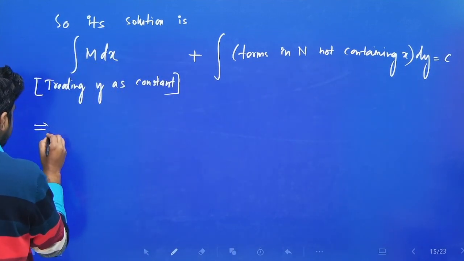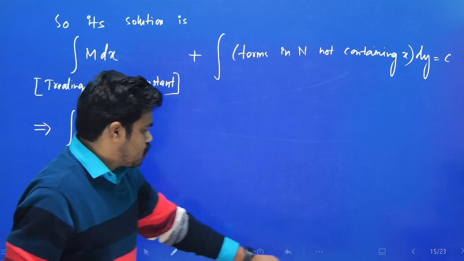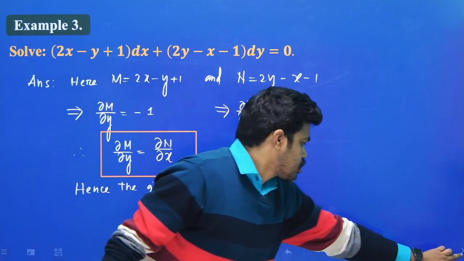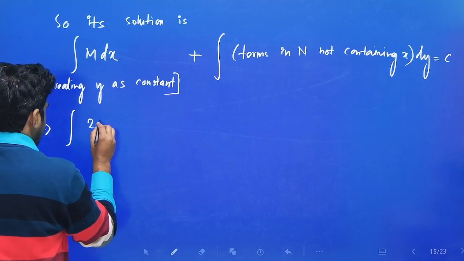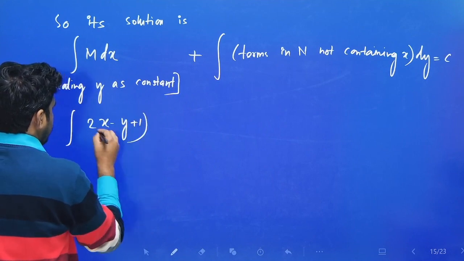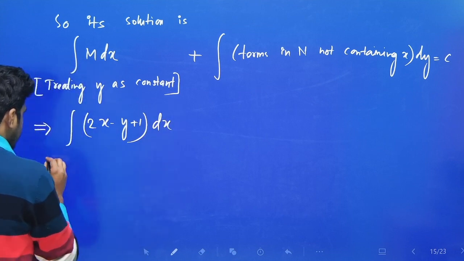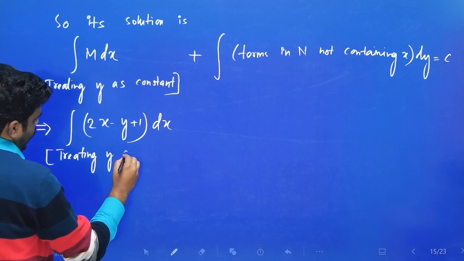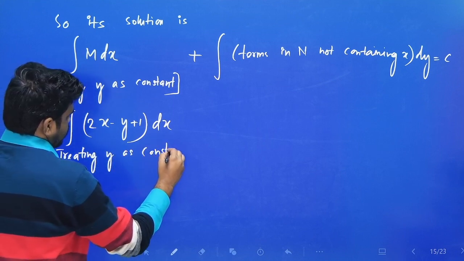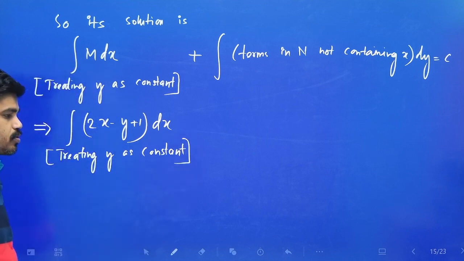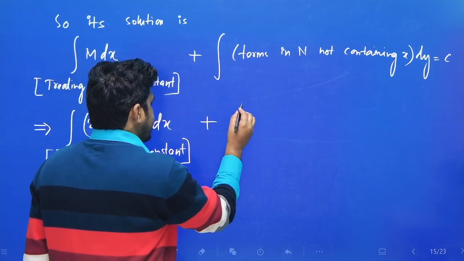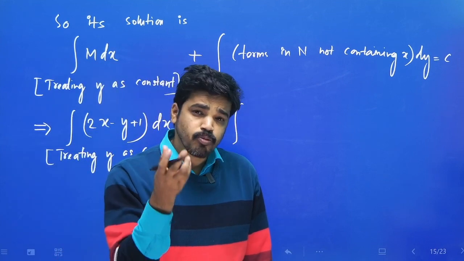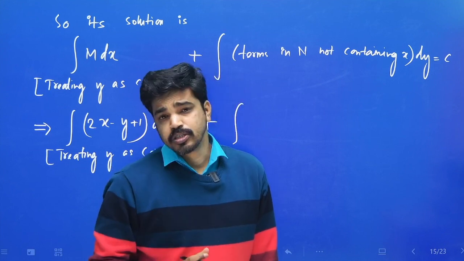So this implies integration m dx. So what is m? Here m is 2x minus y plus 1, into dx, treating y as constant, right? Okay, plus integration terms in n not containing x. In n, we have to write those terms in which x will not be present.